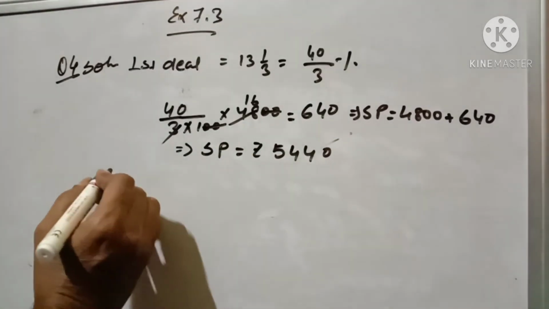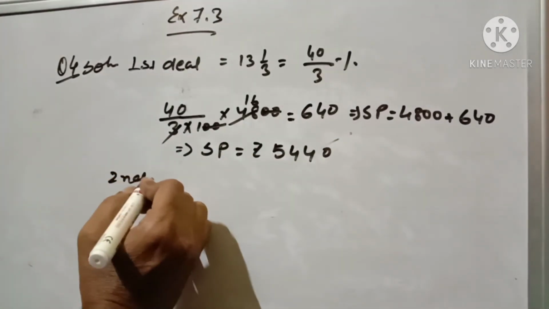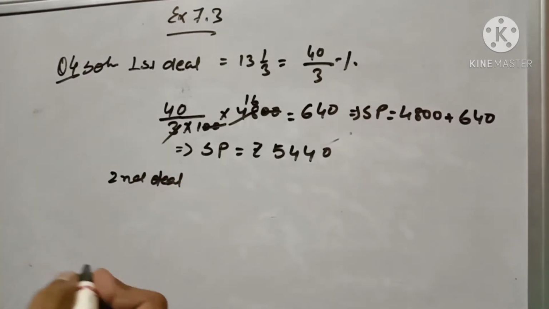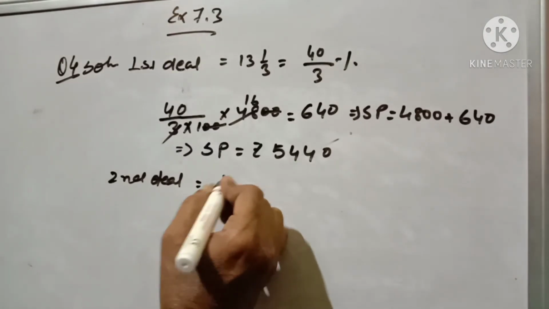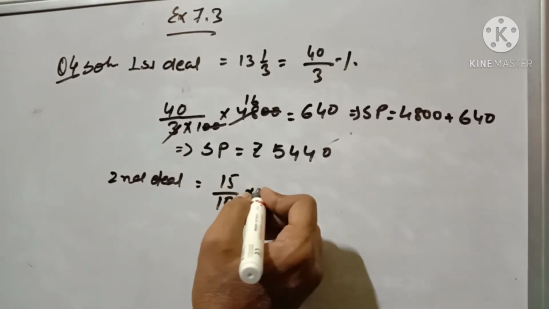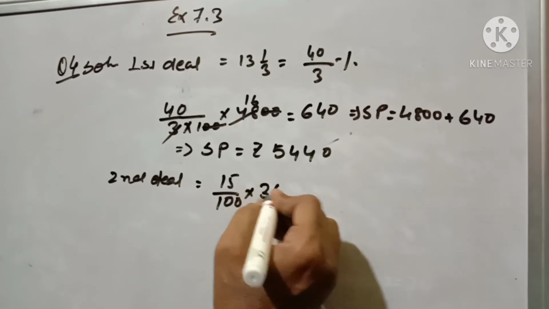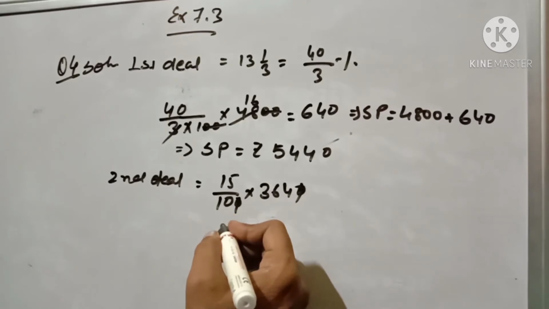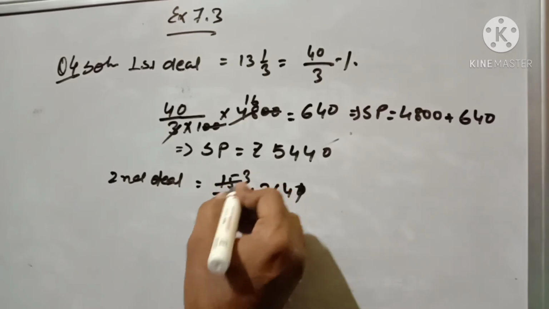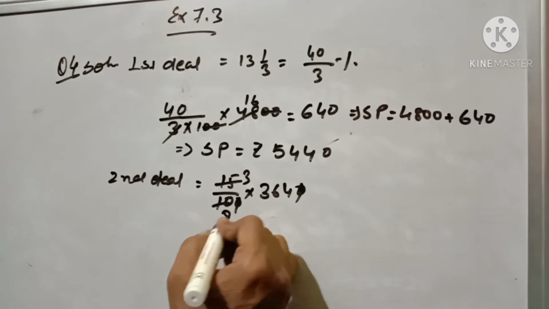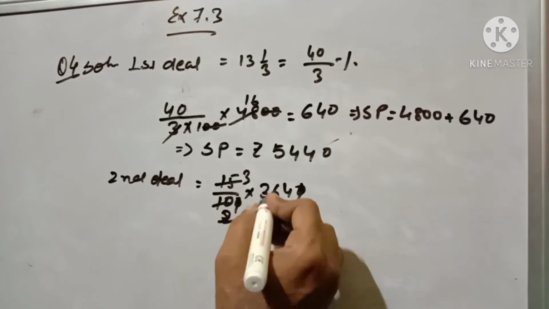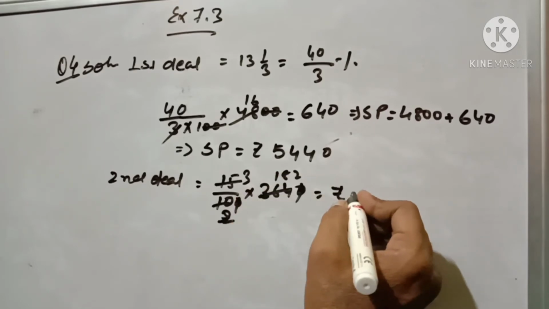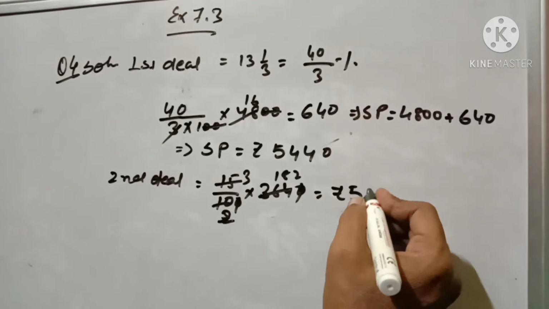Now the second deal. In the second deal, it is given 15% loss. So 15%, remove the percent sign, into the CP, which is 3,640. This is 3 by 20 into 3,640, which is 182 into 3, it will come rupees 546.